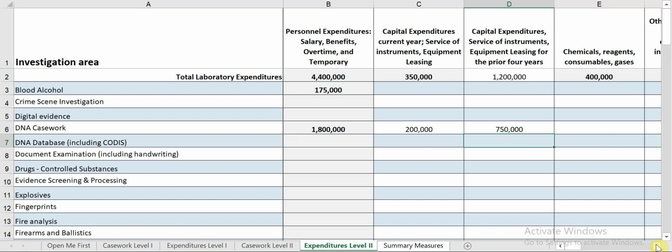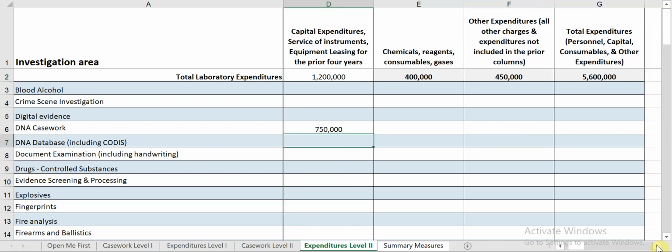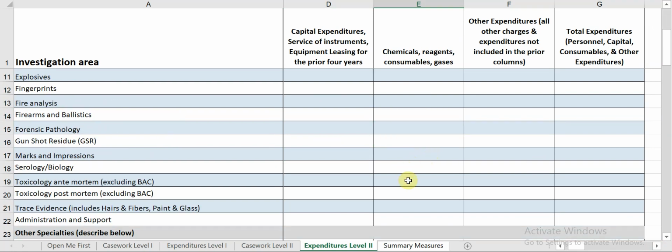Okay. Likewise here with chemicals, reagents, consumables, and gases, we just asked for that for the total. But you might know a lot more information in this sense here. So perhaps you know that 75,000 was actually for the DNA area, and perhaps toxicology, it was 50,000 in one area and 80,000 in another.